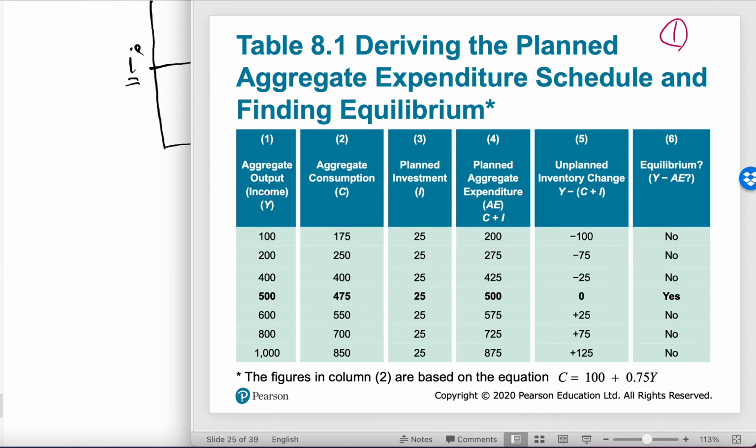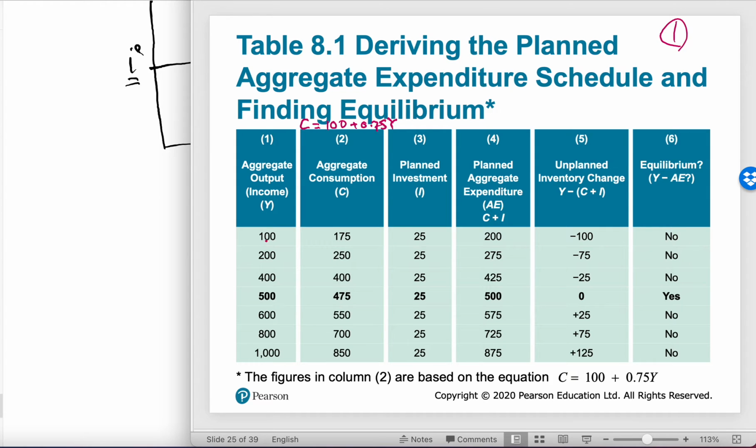So the level of output is given in the column Y, and the aggregate consumption C is given to us. This is coming from the equation we had: C is equal to 100 plus 0.75Y.